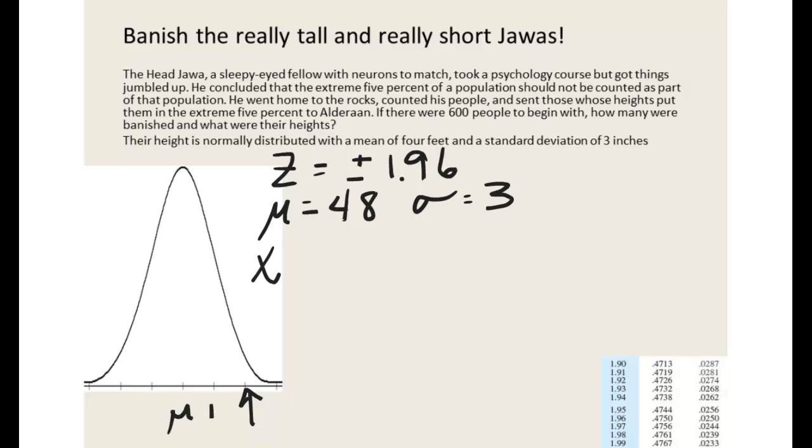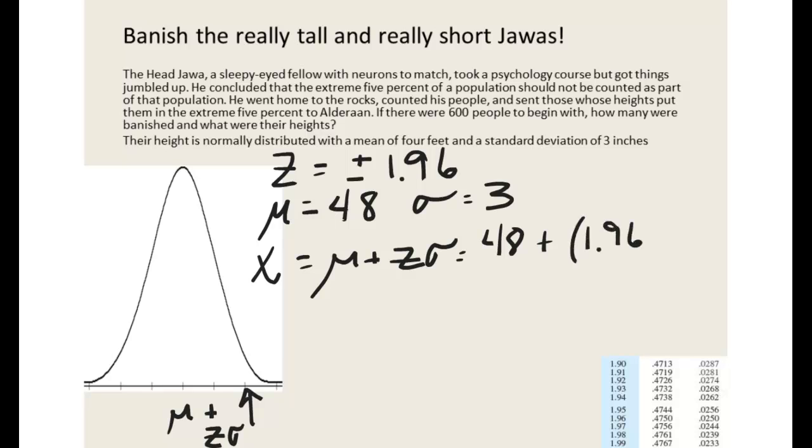When the value is above the mean, we have to ensure we're using the positive z, so that it ends up larger than the mean. You can write it mu plus sigma z, mu plus z sigma, sigma z plus mu, or z sigma plus mu. All of those combinations are fine because of the way math works.